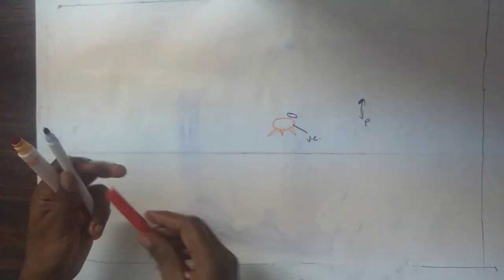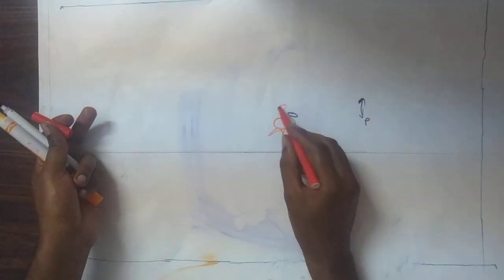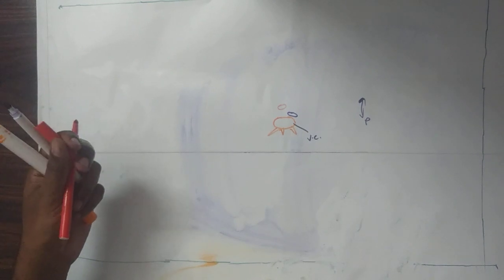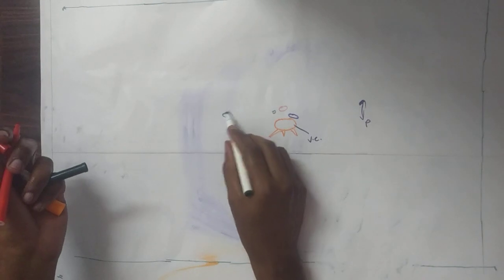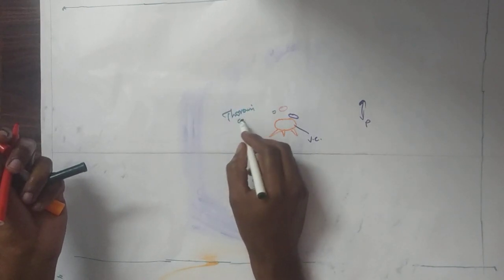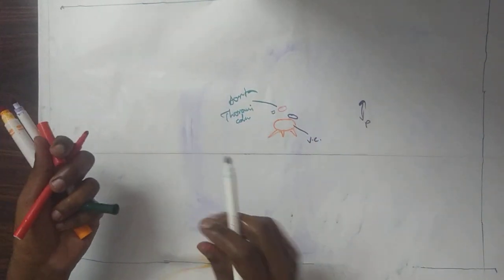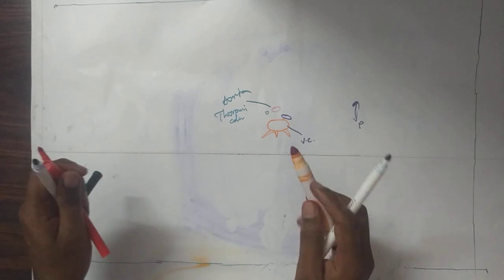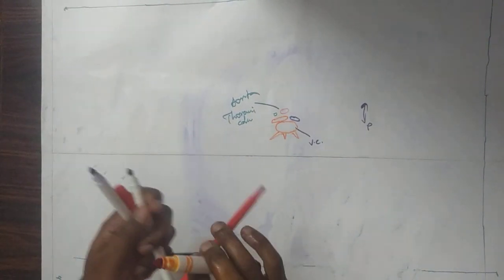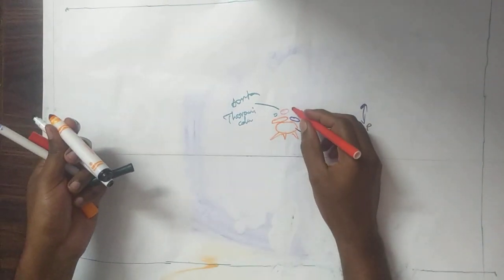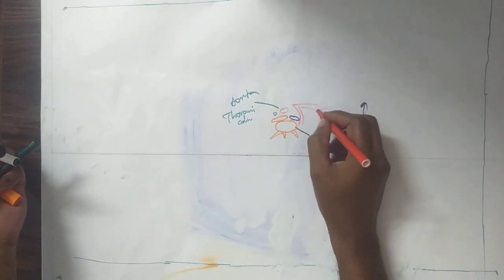Then on the right side it's related with aorta, thoracic duct, aorta and esophagus. Then on the right side, it's related with your right lung and the pleura.